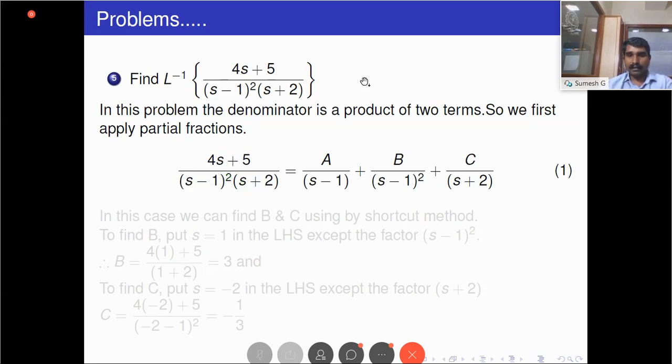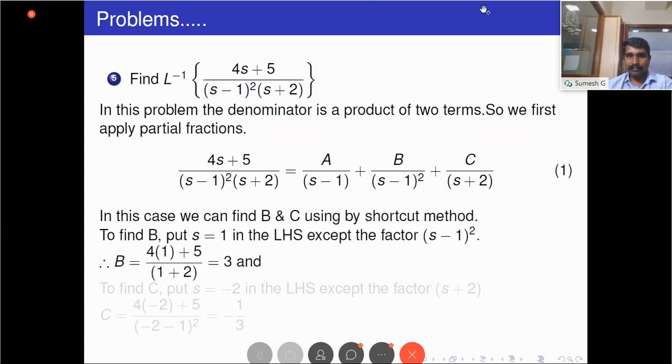Value of b is 3. And to find c, we have to substitute s equal to minus 2 except the factor s plus 2. We get c equal to minus 1.